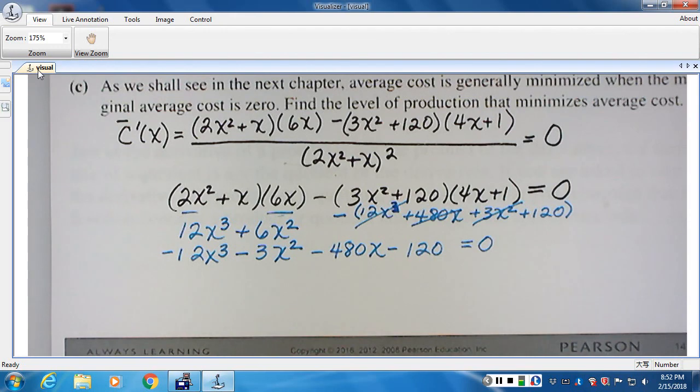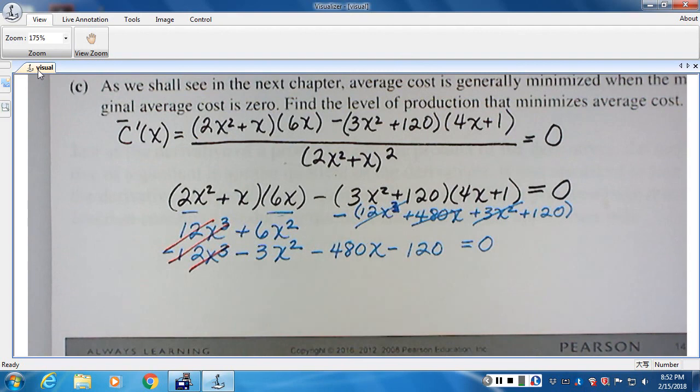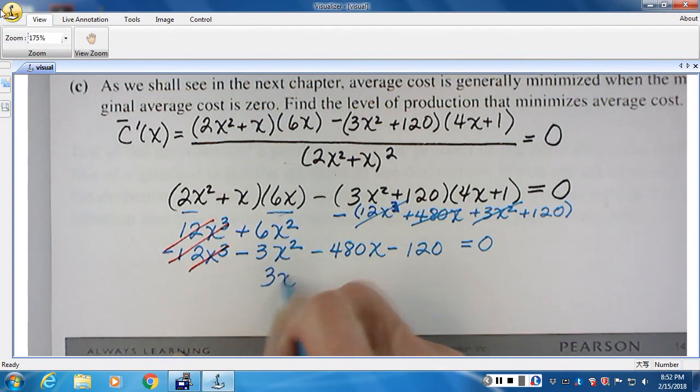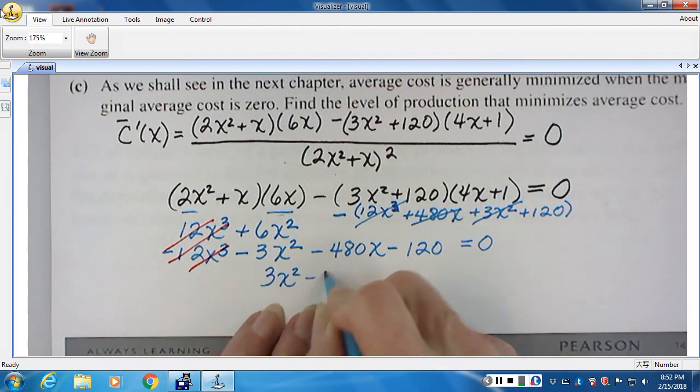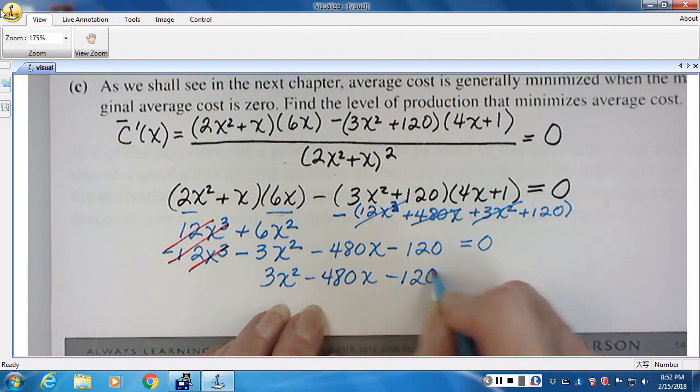And I'm ready to say hallelujah when I realize that the cubes cancel out, because I have no clue how to solve something that has a cube. So 6x squared minus 3x squared is 3x squared minus 480x minus 120 is equal to 0.